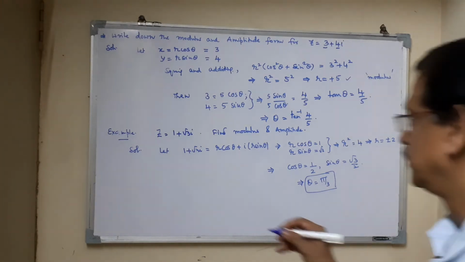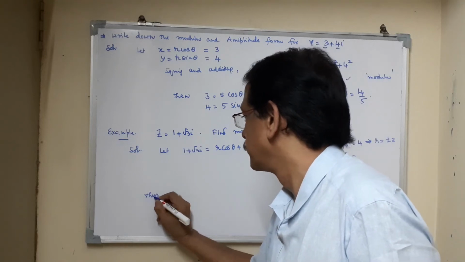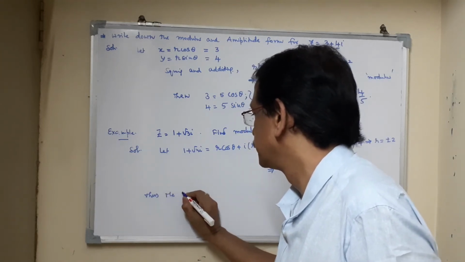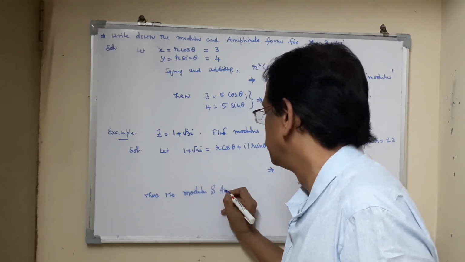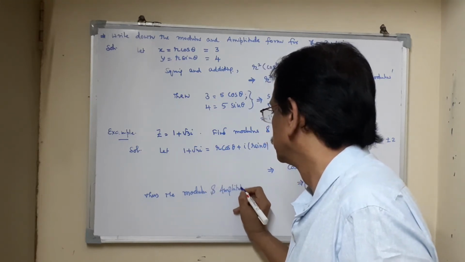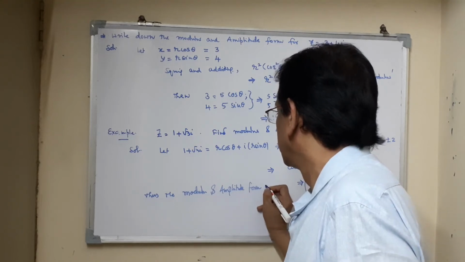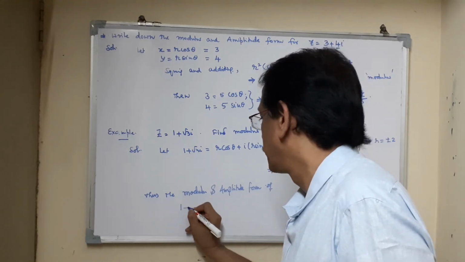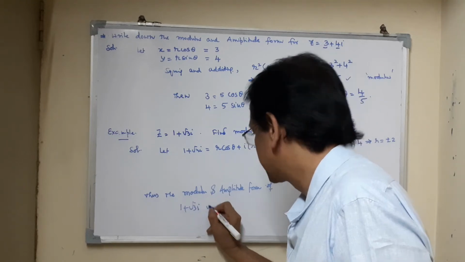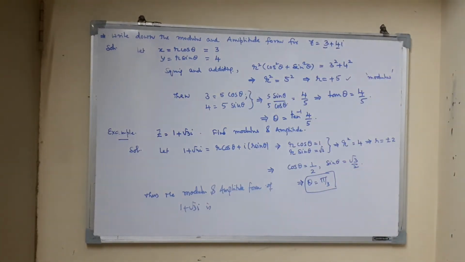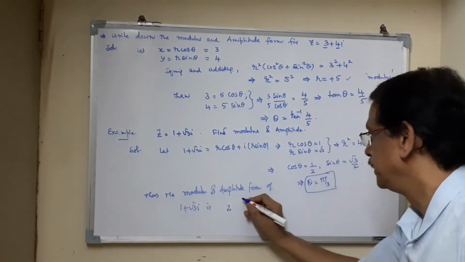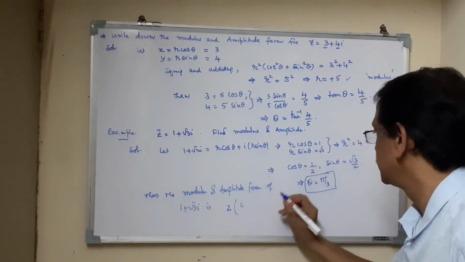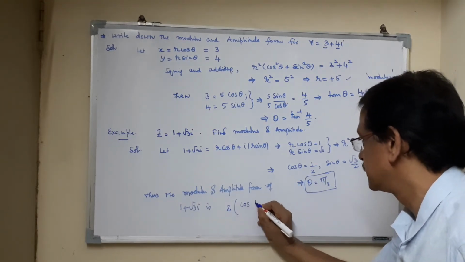Now, thus the modulus and amplitude form of 1 plus root 3i is, what is r? 2 into cos, what is theta?